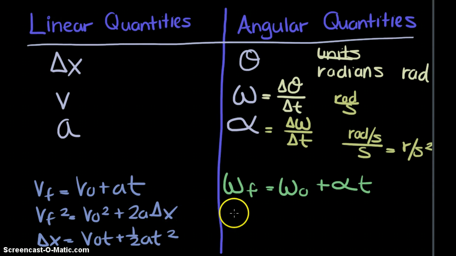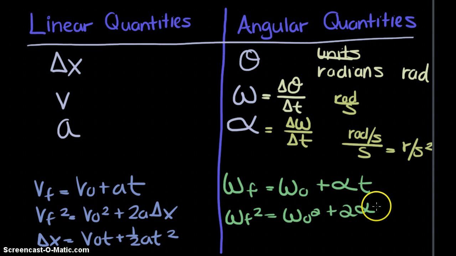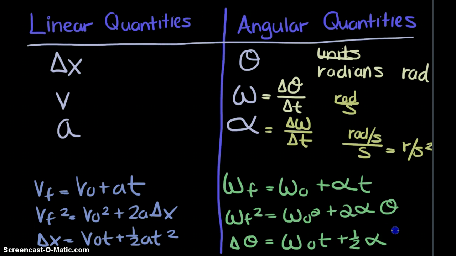Instead of vf squared here, I'm going to have our angular velocity squared equals our initial angular velocity squared plus 2 times alpha and then theta. And lastly over here you've got delta theta, so your displacement. Perfect.